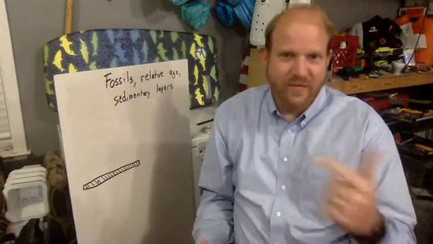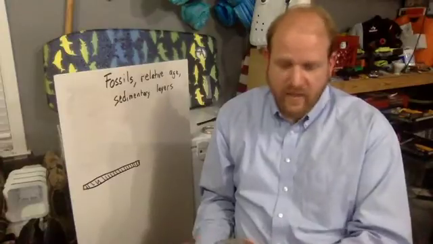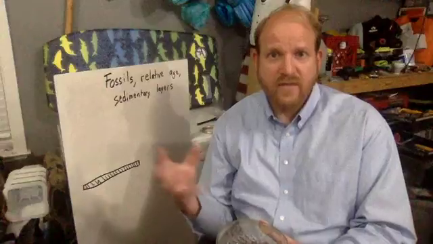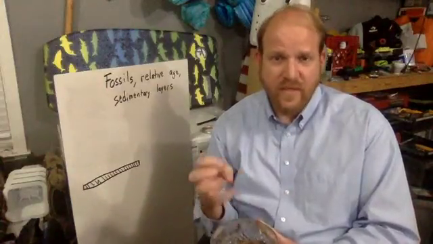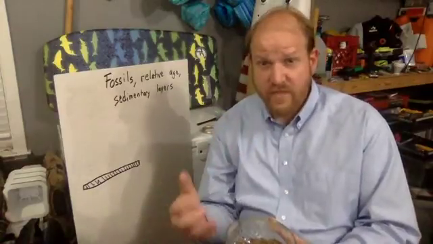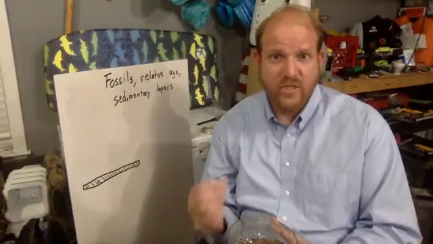It could be poop, it could be footprints, it could be leaf prints, it could be tracks, all kinds of things. Eggshells are evidence that there's life there before. And then the real fossils are the ones where it's bone or wood or seashells, something along those lines that have dissolved and been replaced by minerals that turn into rock.